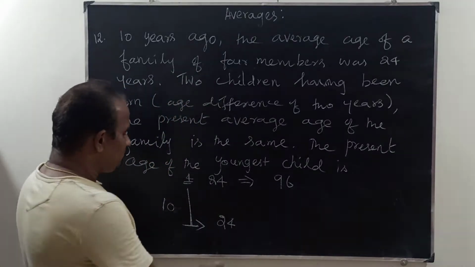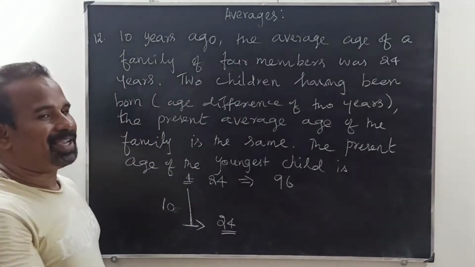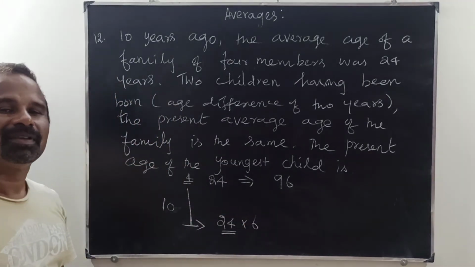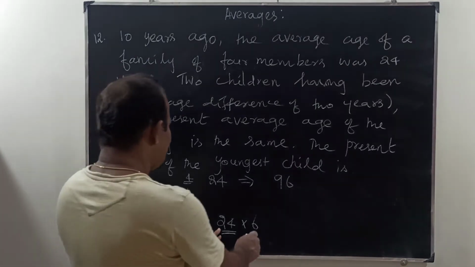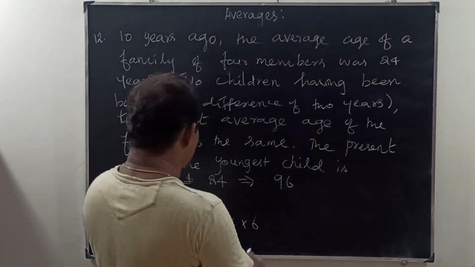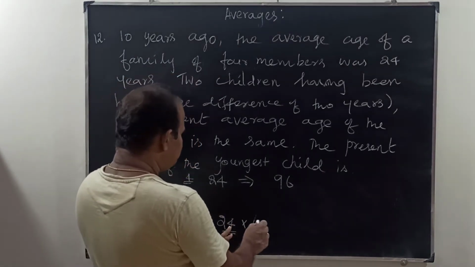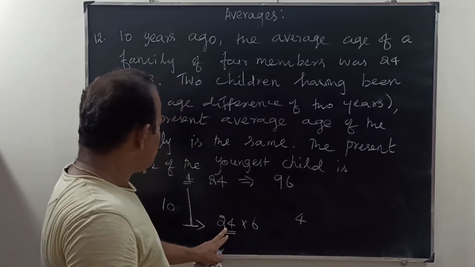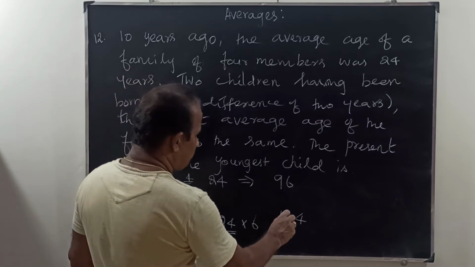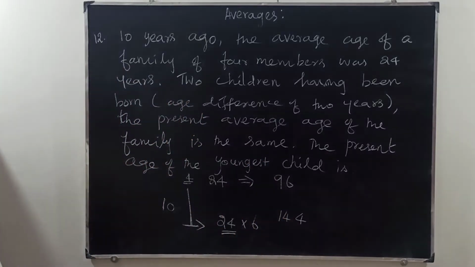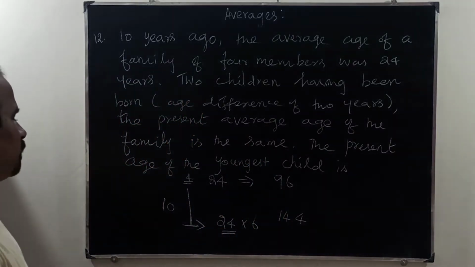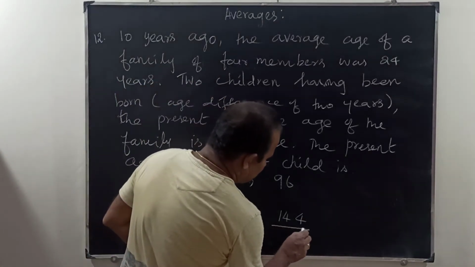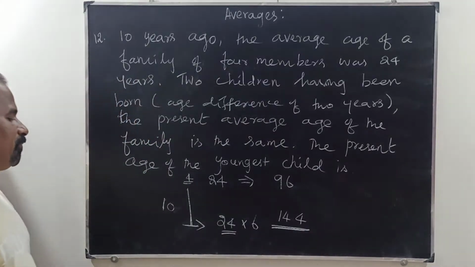Here now the average is 24, the average is the same, but the persons are 6. What is the sum of the age? 6 into 24, that is 144. So the sum of the total persons' age is 144.